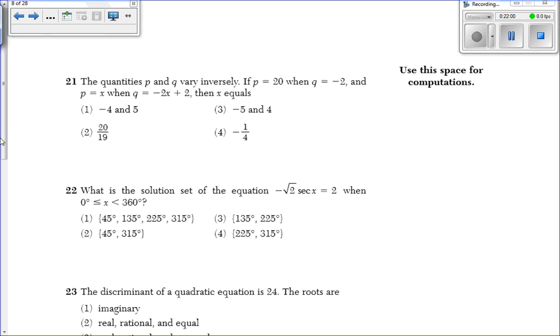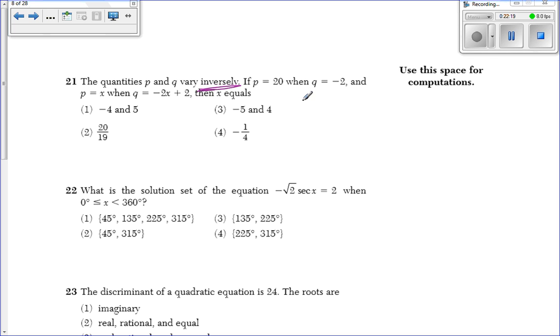Alright, for 21. The quantities in P and Q vary inversely. Yay. P is equal to 20 when Q is equal to negative 2, and P is equal to x when Q is equal to negative 2x plus 2, then x equals.